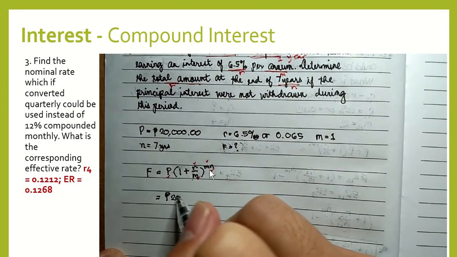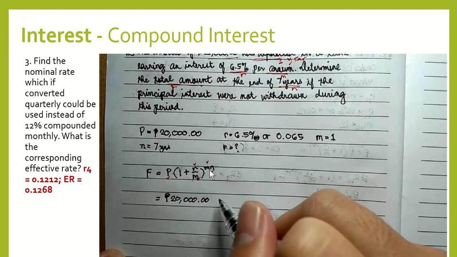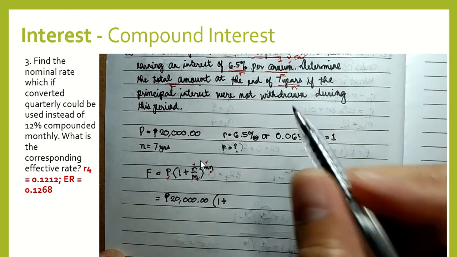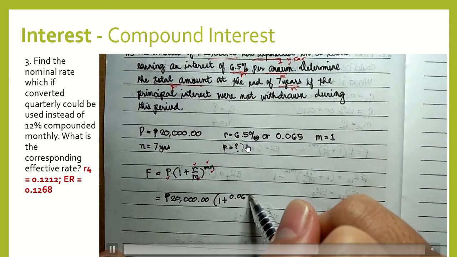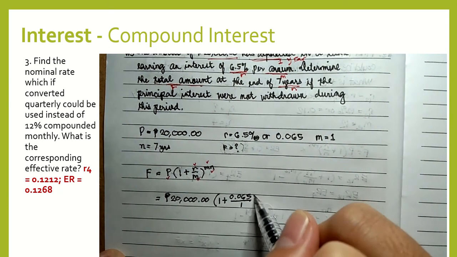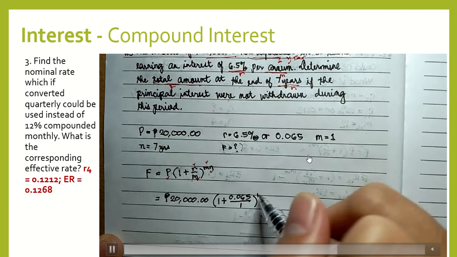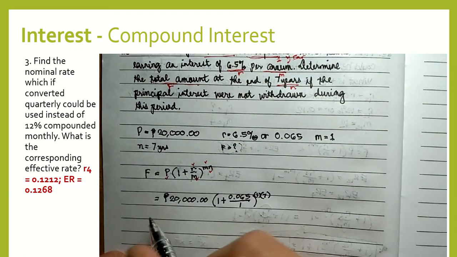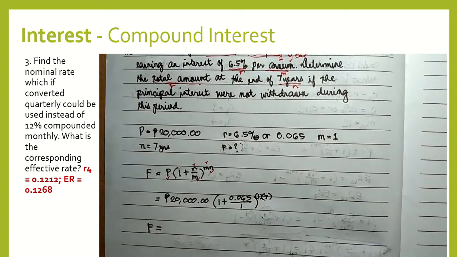That's 20,000 multiplied by the quantity of 1 plus R, which is 0.065. Do not use the value which is the percentage. Mathematically speaking, we cannot multiply that with these. And M is equal to 1 since it's done yearly, so that's 1 times 7, wherein we'll be paying it at the end of 7 years.